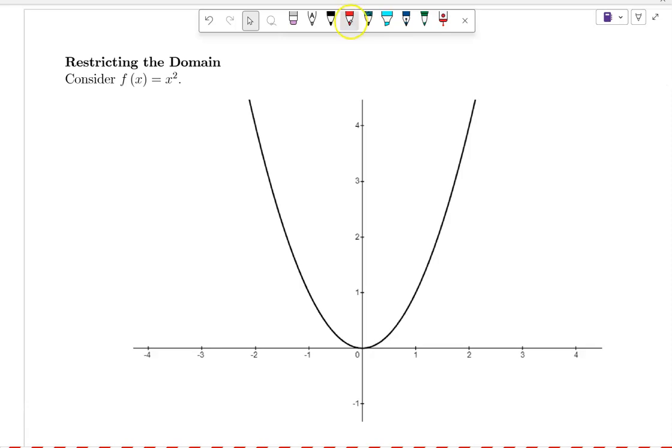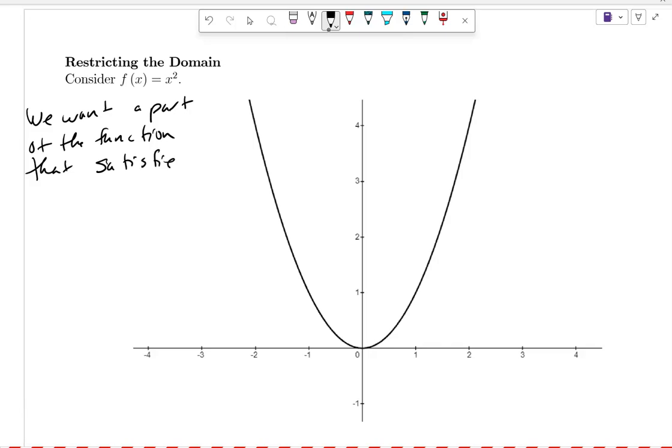But what we do is I want to pick a piece. I'll write this off to the side. We want a part of the function that satisfies two things. The first thing we want to make sure is that it's 1-to-1.